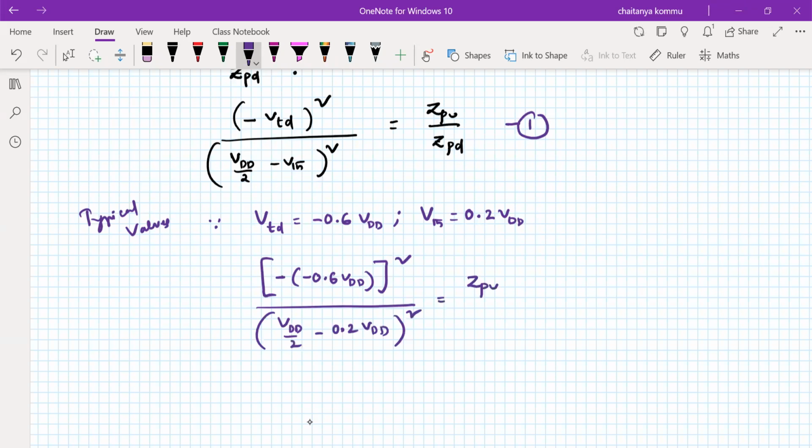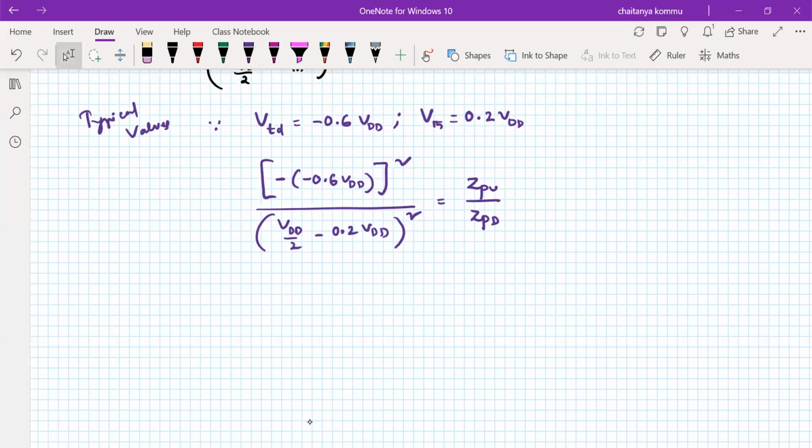This is ZPU divided by ZPD. What is the value now? The numerator is 0.36 times VDD square.